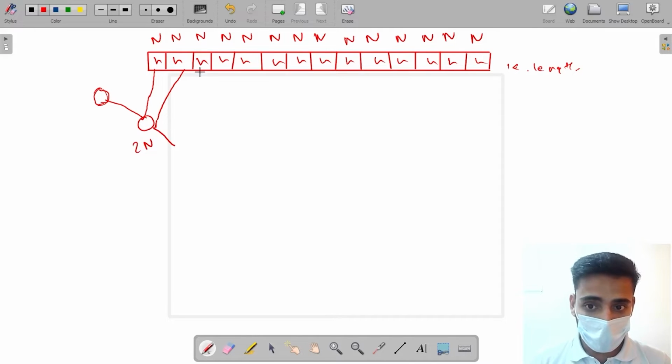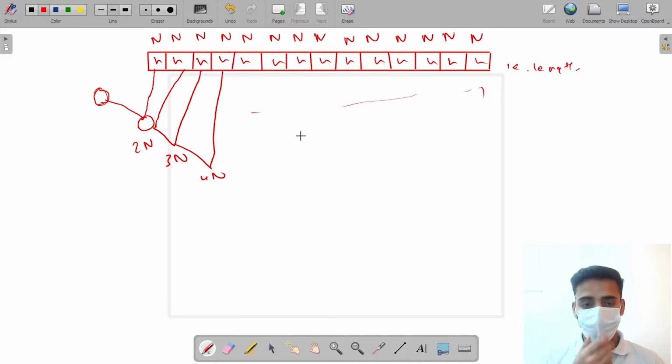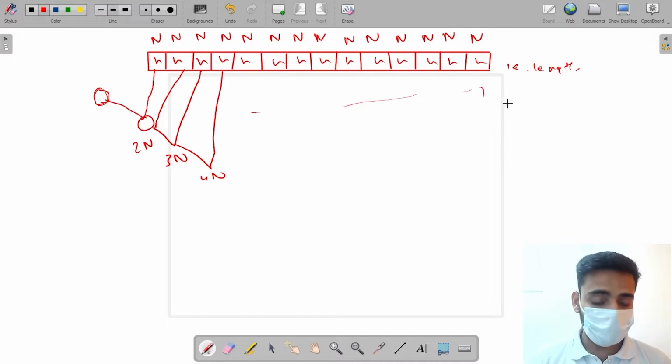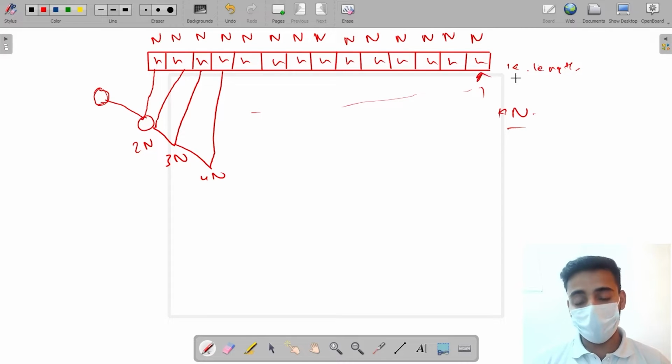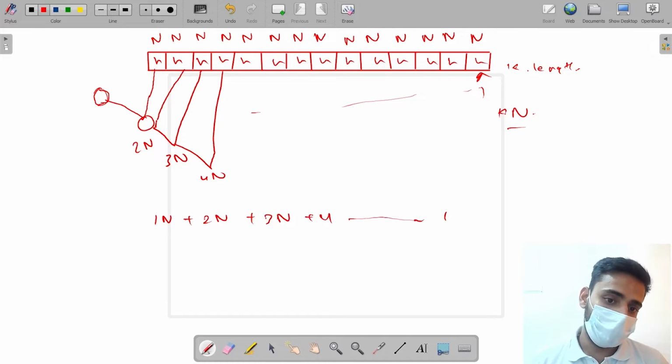After that we move forward. If it is merged with this, the size is 3n. After that the size is 4n, and it will continue up to k. It will be kn when we are merging with the last one. So first it was 1n, then 2n, then 3n, then 4n, up to kn.